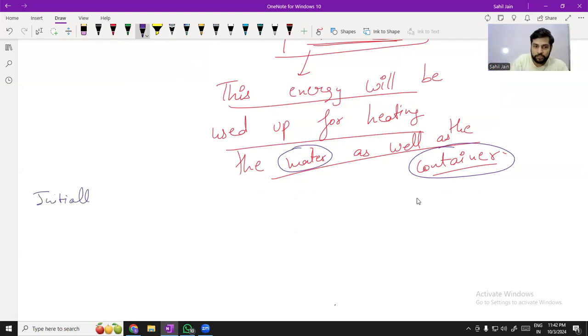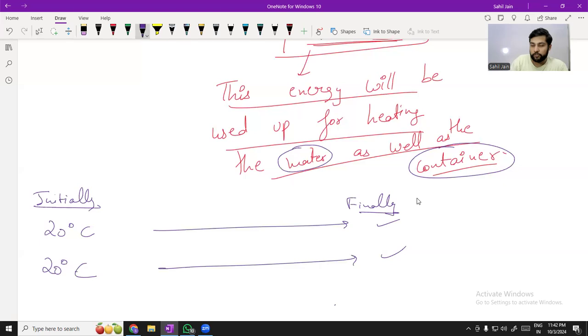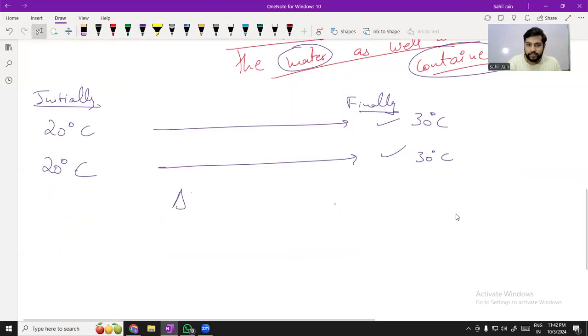Initially, both of them are at 20 degrees Celsius. But finally, they will be getting to a temperature and both of them would be getting to the same temperature. Like, let us for now assume both are getting to 30 degrees Celsius. Okay. So the change in temperature for both of them would be the same. So we can write the change in temperature delta T for water would be equal to the change in temperature for the container.